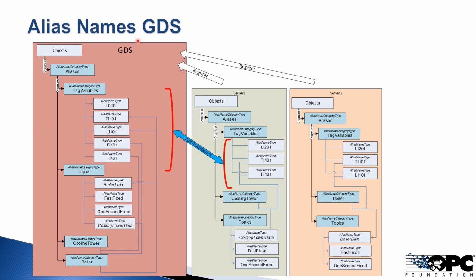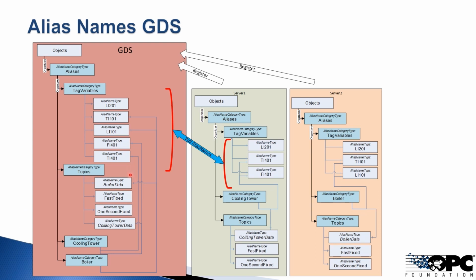So you go to the top level alias server. In this case, of course, the GDS is to be considered the top level server, and from there I can do the queries and the resolution to resolve my tag names to find my actual nodes in the OPC servers.